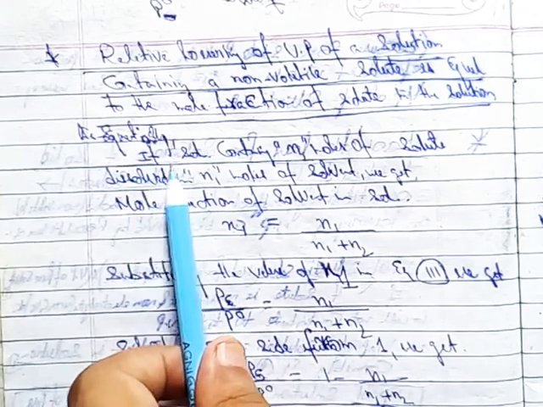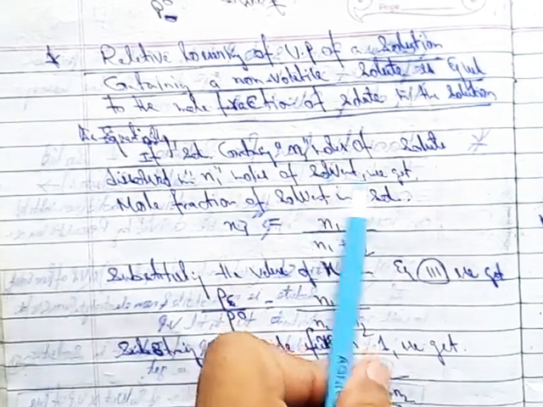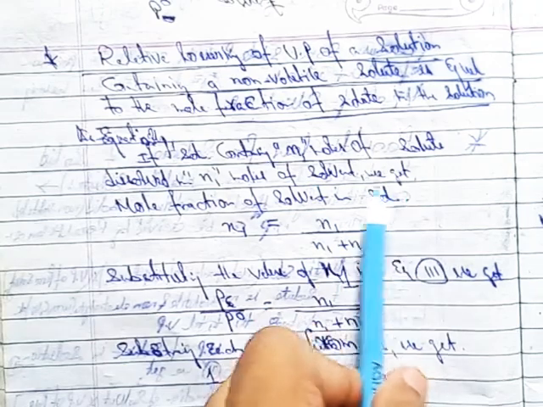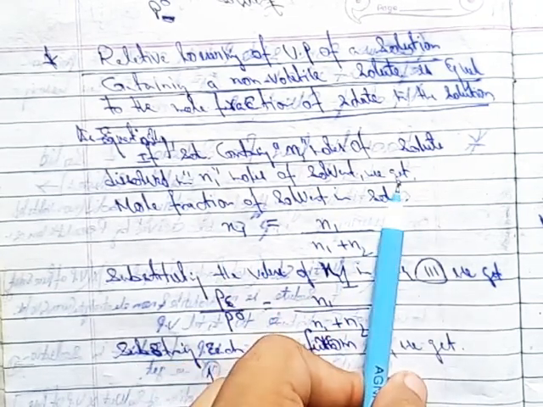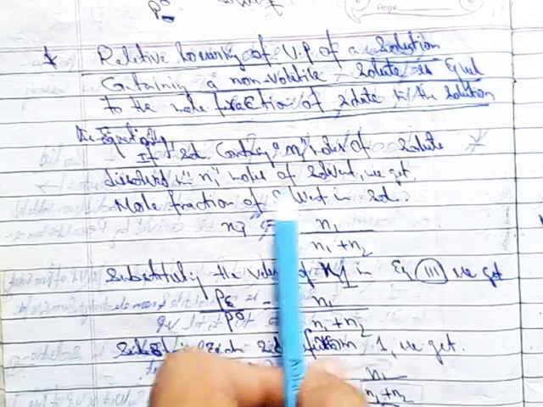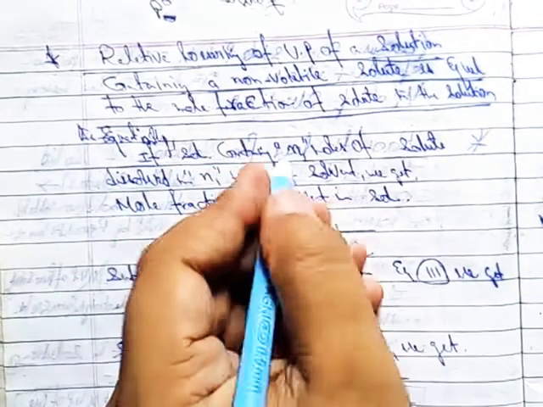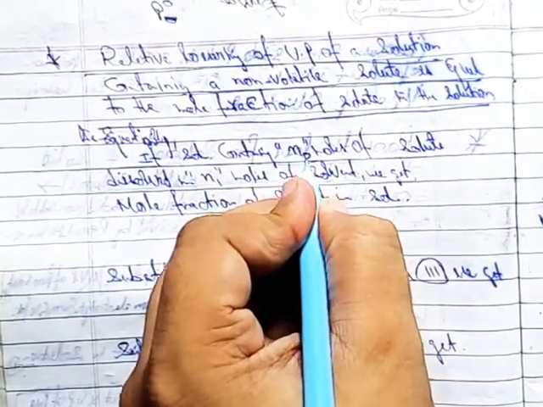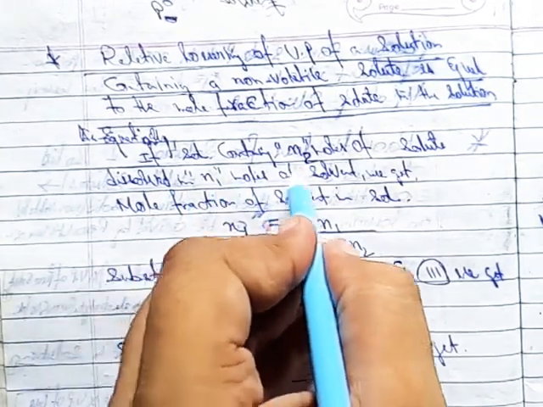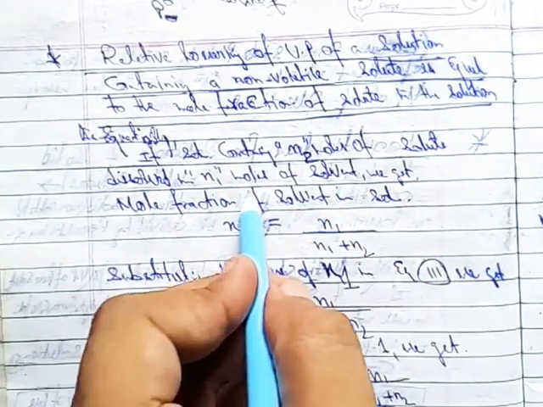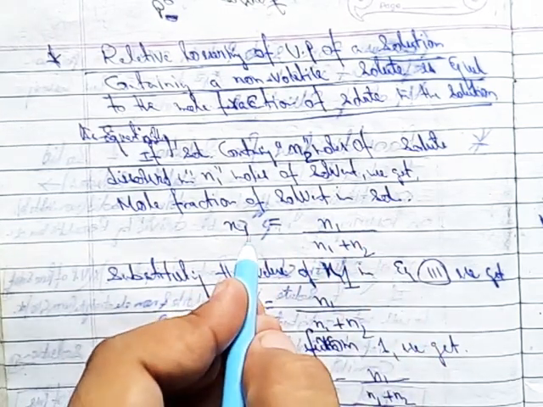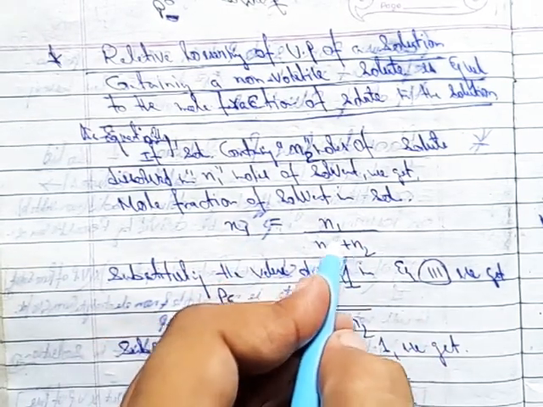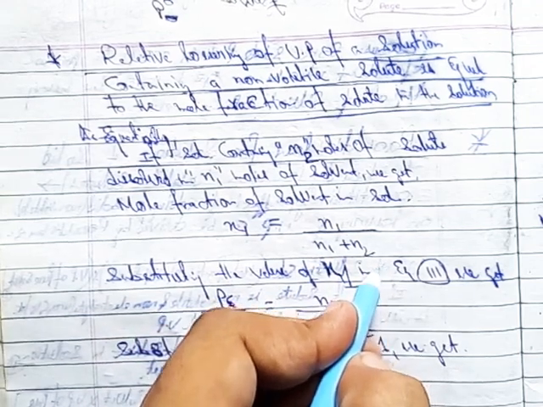Quantitatively, we can have the equation if the solution contains n2 moles of solute dissolved in n1 moles of solvent. Then the mole fraction of solvent, x1, is equal to n1 divided by n1 plus n2.